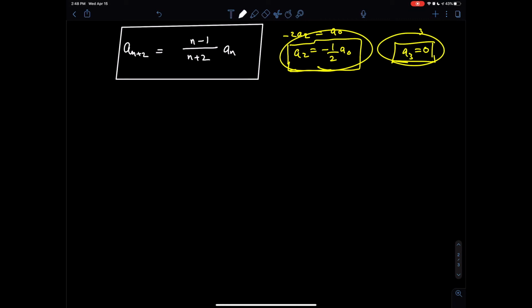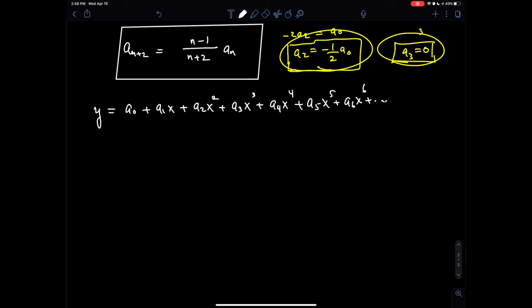Okay, so now I have this, and remember, what is it we need to do? Because people lose sight of that when they get to this point. We need to find our solution. Now, what is our solution? Our solution is a naught plus a1 x plus a2 x squared plus a3 x cubed plus a4 x to the fourth plus a5 x to the fifth plus a6 x to the sixth, and so on.